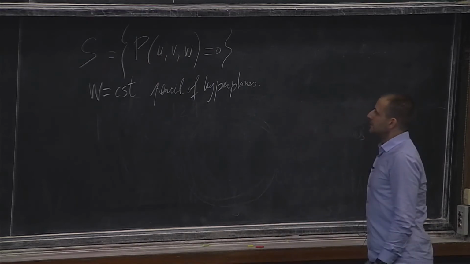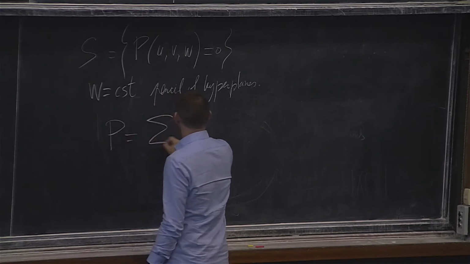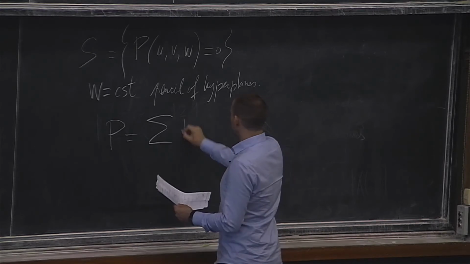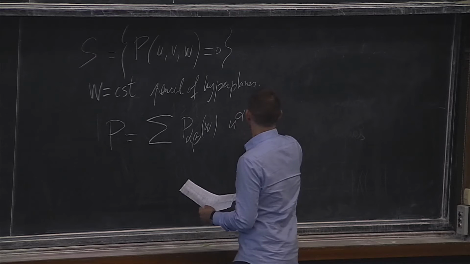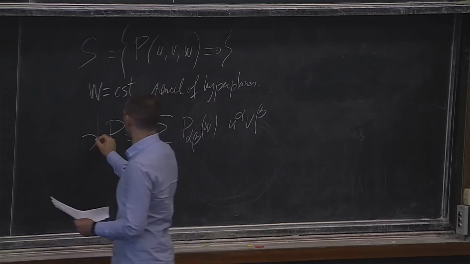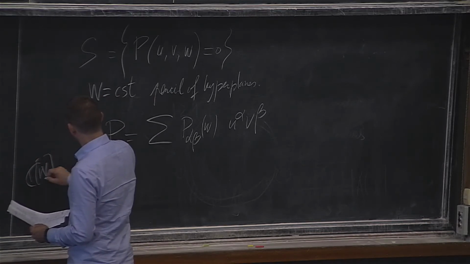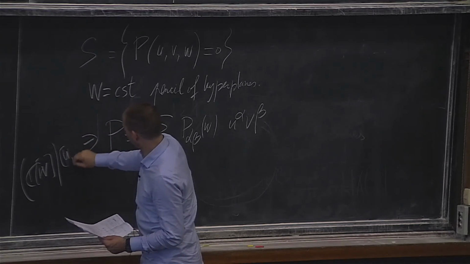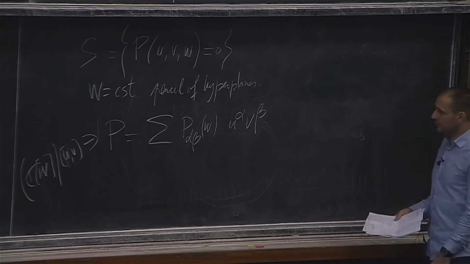So of course, I'm considering this polynomial as a polynomial in the U, V variables, but with coefficients in the ring of polynomials in the W variable.